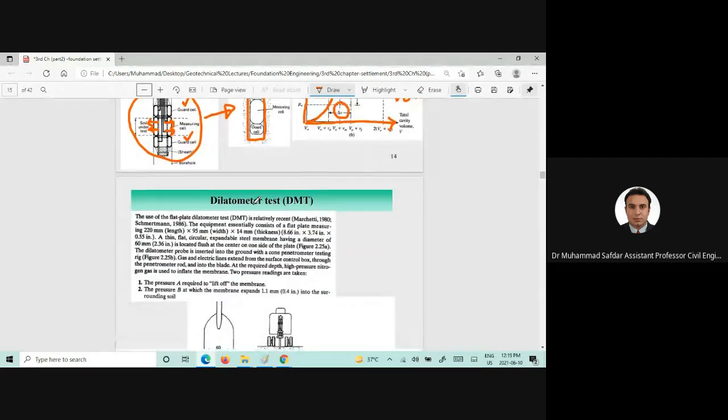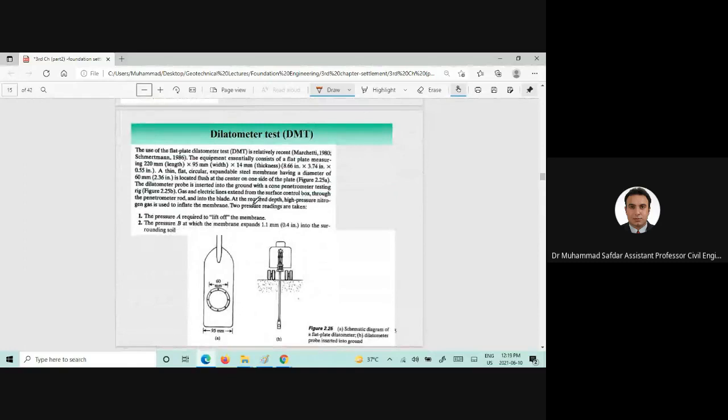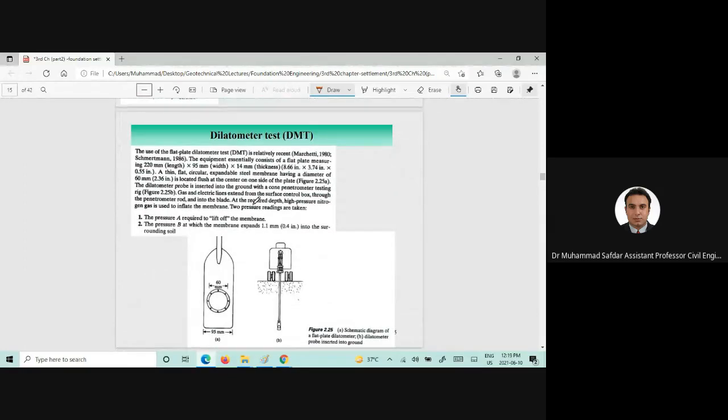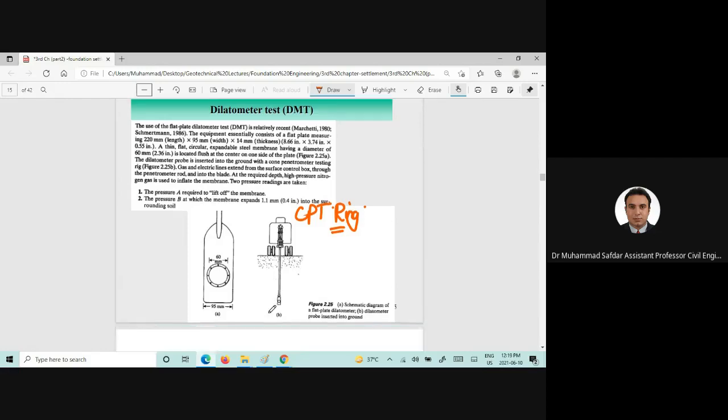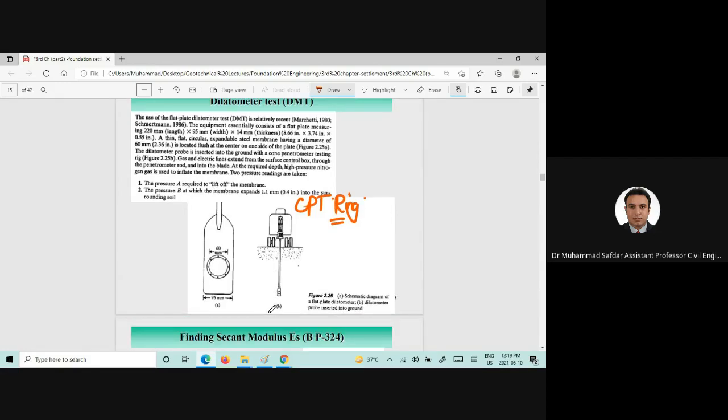There is a flat dilatometer test which is also performed in the field, so you can use the CPT rig. If you replace that with a cone, that would be a cone penetration test. Now if you replace that with a flat dilatometer, and you look from the side, it will look like a line here, so it's pretty much flat.